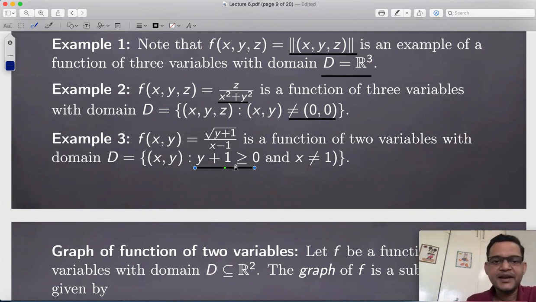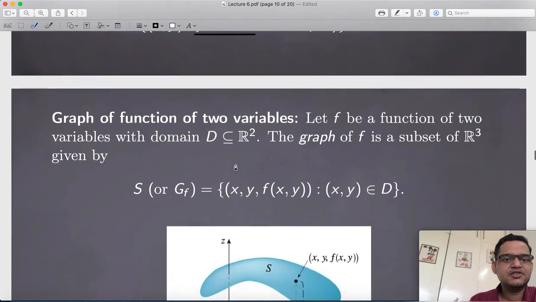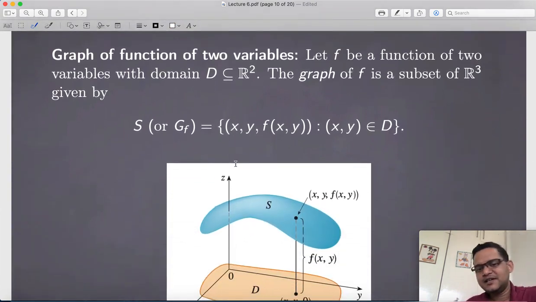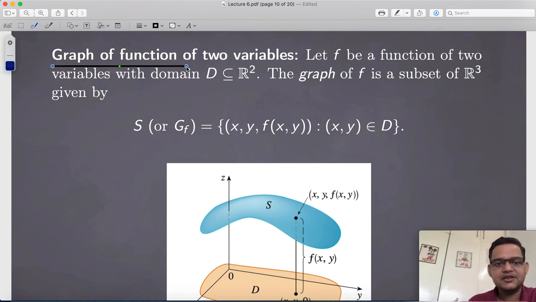Now once I have a function, I want to study its properties, so I will try to look at its graph. There are many ways to study functions, so we will slowly introduce new notions. As you are aware from the calculus 1 course, what is the graph of a function from R to R?